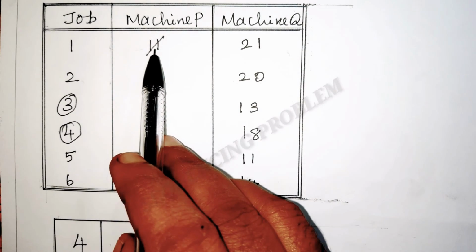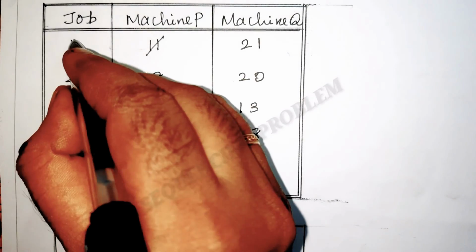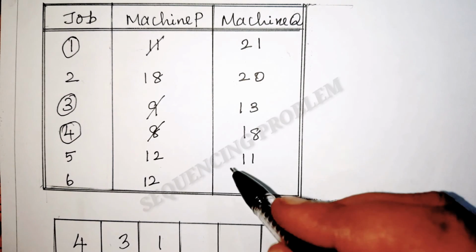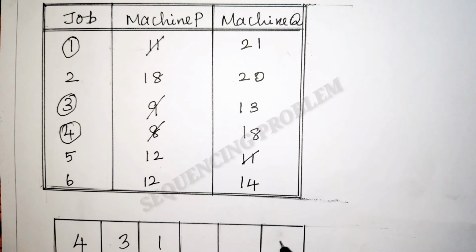For this 11, the corresponding job is 1. It comes first, so you write the value first. And for this value, the corresponding job is 5. It comes at the last. So you write like this. If your value is at machine 1, you write in forward manner. If your value is in the second machine, you write it in a backward manner.